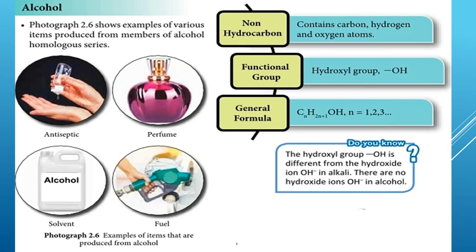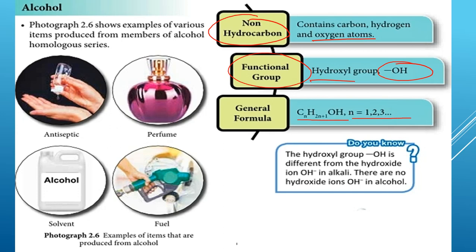Alcohol. Alcohol is a non-hydrocarbon because of the presence of oxygen atoms besides hydrogen and carbon. The functional group is the hydroxyl group, OH. The general formula is CnH2n plus 1 OH, and N starts with 1, 2, 3 and so on.